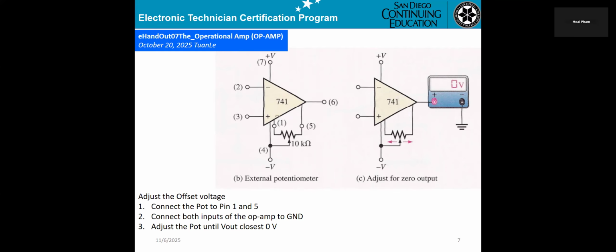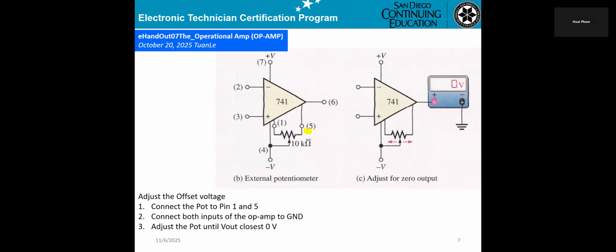Okay? That means pin 1 and pin 5 normally are not connected. However, that is used for the offset. So, pin 1 connects to pin 5.